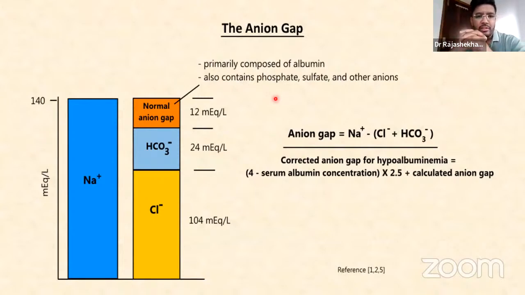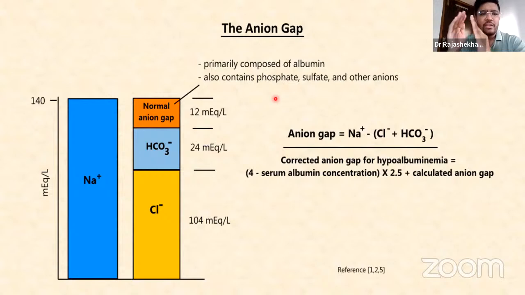We'll be discussing it further during this lecture. I think we have more than 100 causes of metabolic acidosis. So to narrow them down to the main causes, scientists came up with this concept called anion gap.